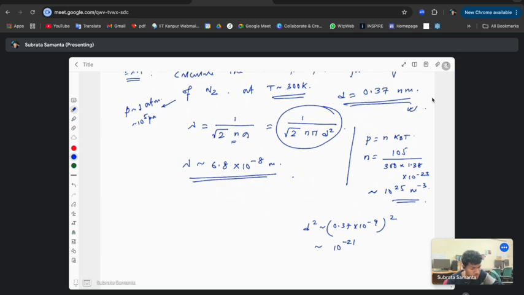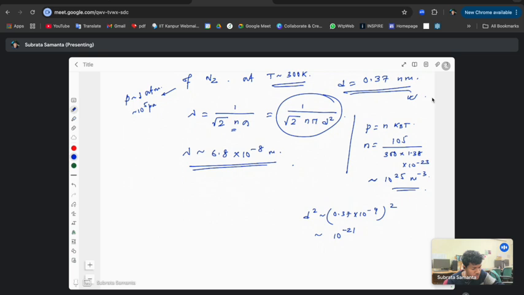10 to the power minus 21. So this 9 and 20 minus 90, so 10 to the power minus 18 times 10.